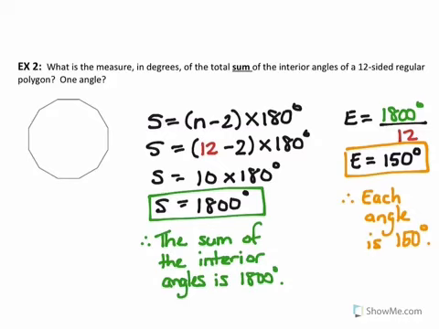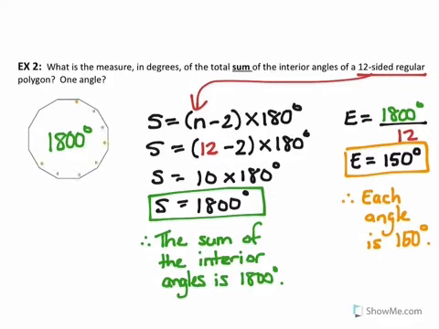So we do the exact same thing. I'm going to put 12-sided right here. Actually, I should probably show you. It's going to go right into our n. And then we calculate the entire total of all of the angles altogether, which is 1,800 degrees. That's made up of 1, 2, 3, 4, 5, 6, 7, 8, 9, 10, 11, 12 angles.